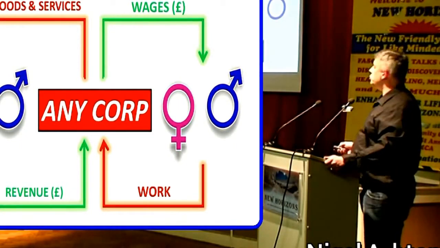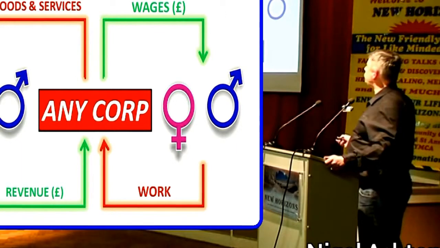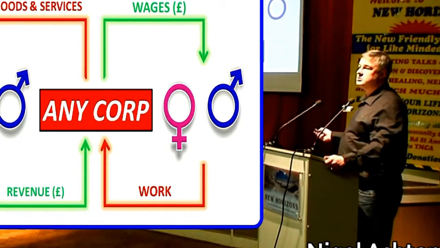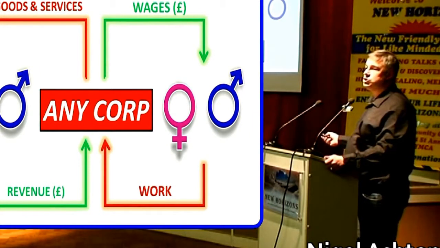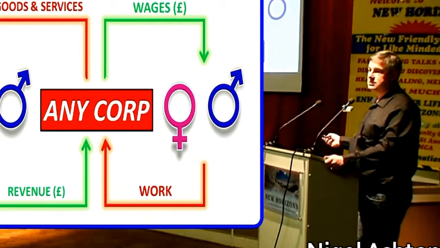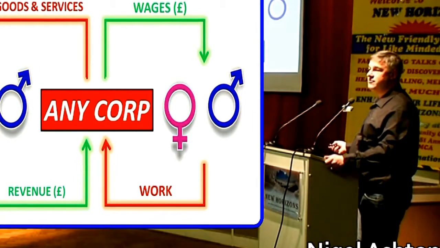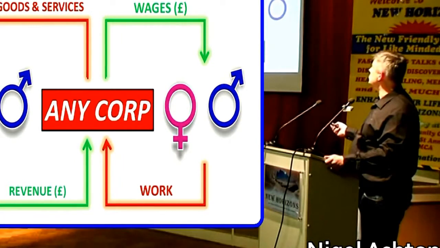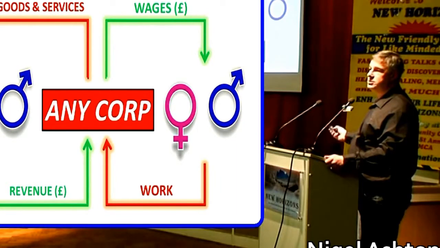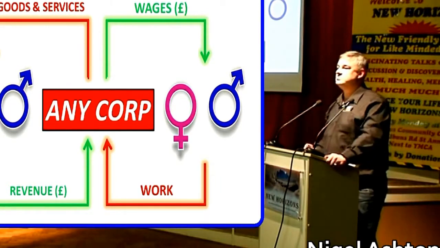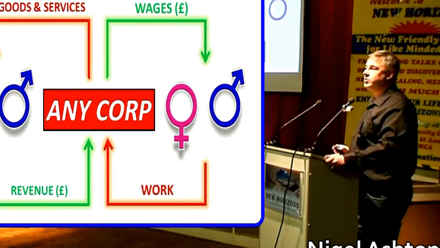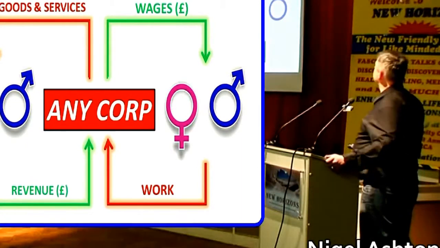So if we start with the workers, they perform work for the corporation, which in turn emits goods and services made available to consumers who access these goods and services through paying for them, which generates a revenue stream which goes into the corporation that they use to pay the wages of the workers. So it's very straightforward. Nothing complex or controversial about that.